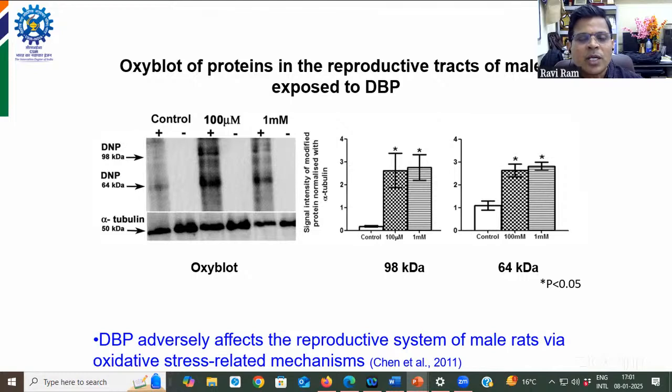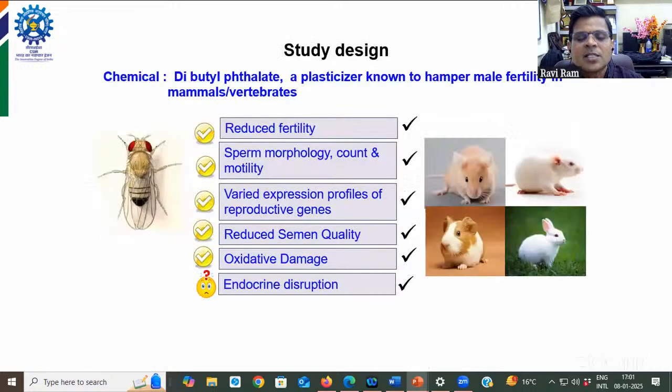When you look at this, the black signals that you are seeing here on the Western blot refer to the proteins which are oxidatively modified. In the controls also, there is a subtle amount of oxidative modification of proteins, but with exposure, you have increased levels of oxidative modification of proteins in the exposed flies. This suggested that yes, there is oxidative damage of proteins in the Drosophila system when they are exposed to dibutyl phthalate. The next thing that we asked is what happens to endocrine functions.